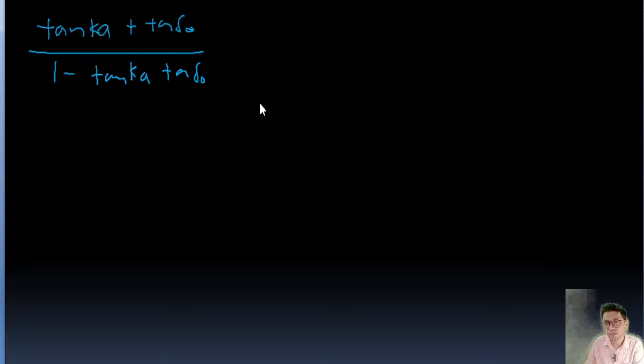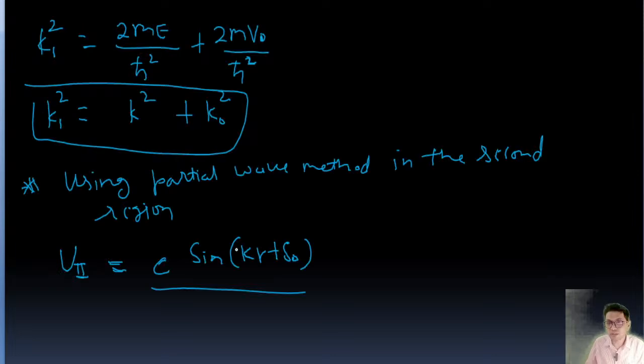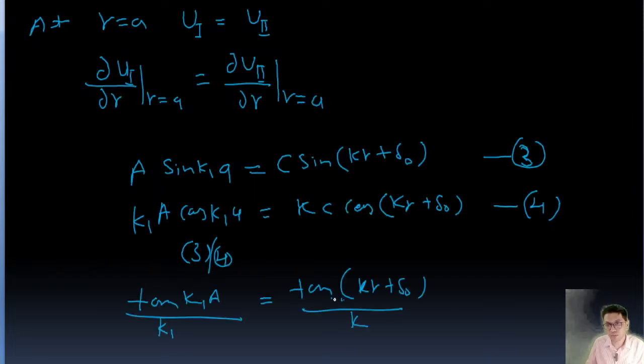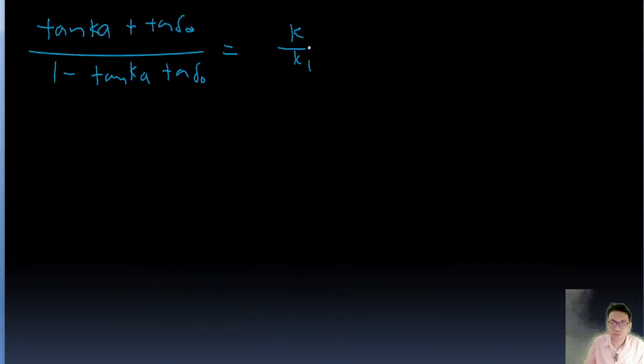This is going to be equal to k upon k1. Just a simple calculation, guys. I have just opened it and cross multiplied, so k upon k1, and then that is tan k1a.